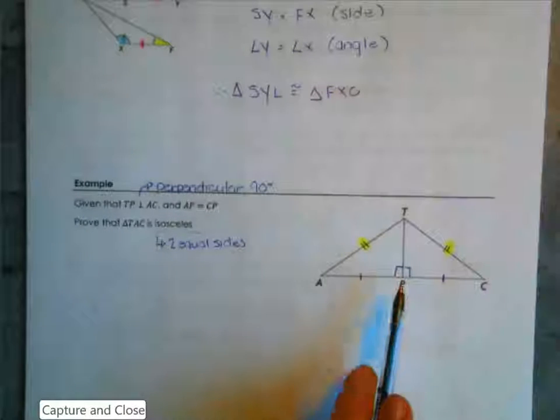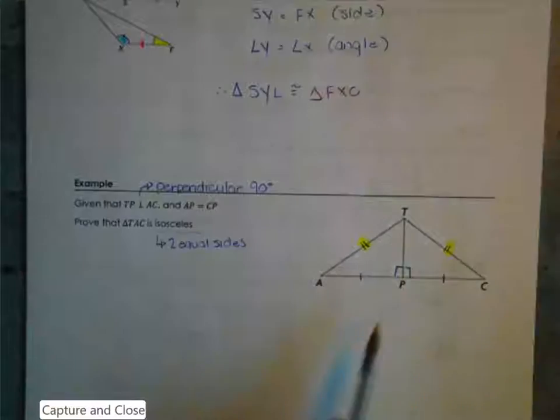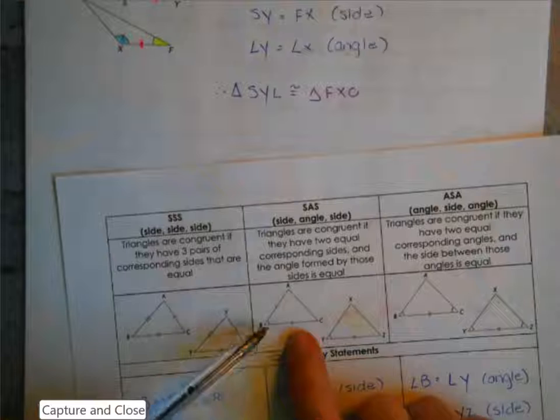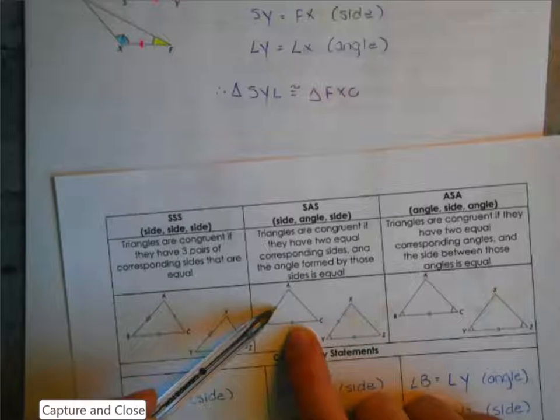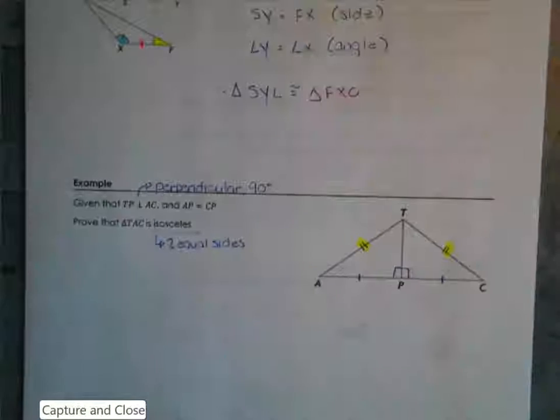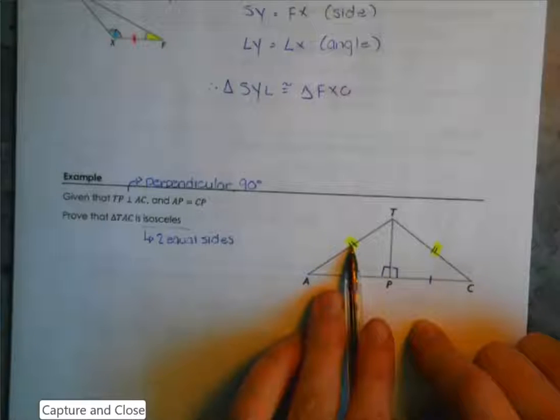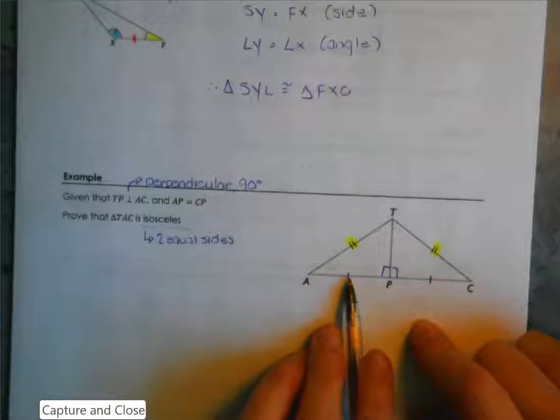So if we think back to our list of proofs that we can use, if we already have a side and an angle, then remember that the next side we can check for would have to be one that's on the other side of that angle. So basically it has to be side and then angle and then the attached side, right? So we couldn't use that side over there. And so if we look at this triangle, we have side, angle. Now we can't prove this one because it's not connected between the side and the angle.